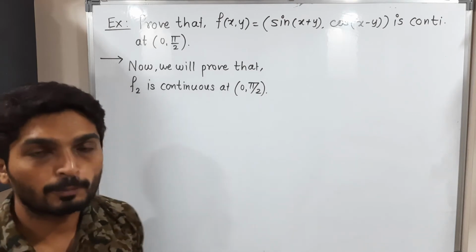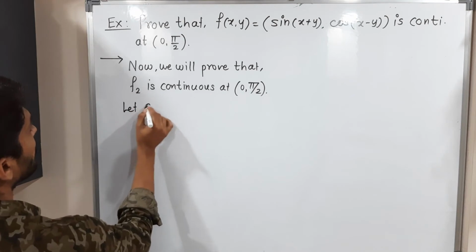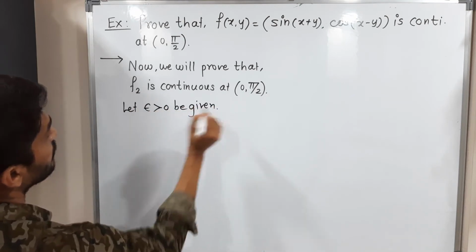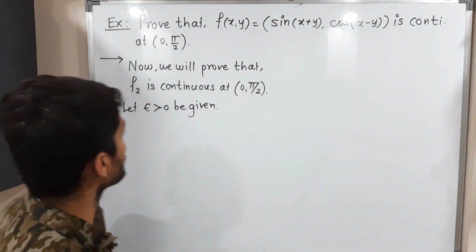Okay, so first of all we have to take one epsilon greater than 0. So let epsilon greater than 0 be given. So for this epsilon we have to find a delta which will satisfy the definition.